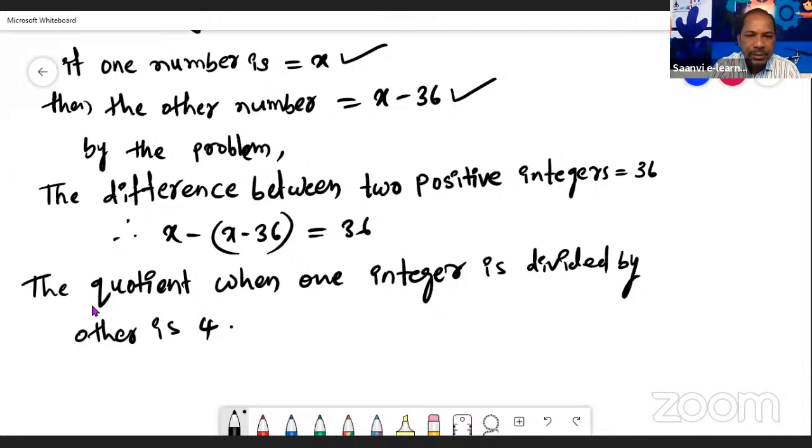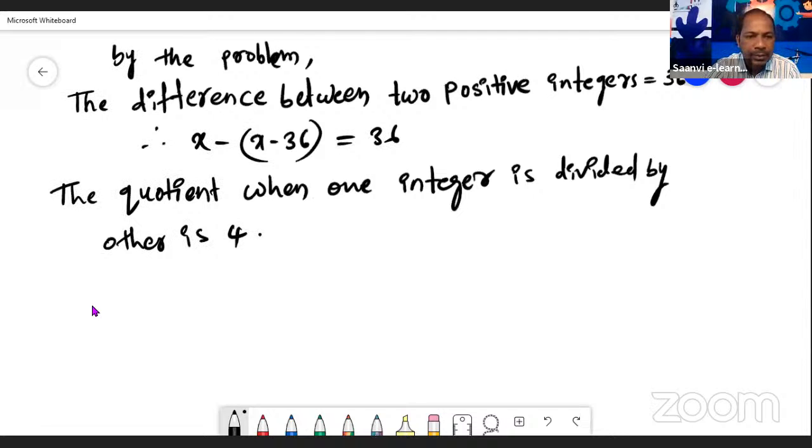So what is the first integer? The first integer is x, divided by the other integer, x minus 36. And what is the quotient we get? 4.